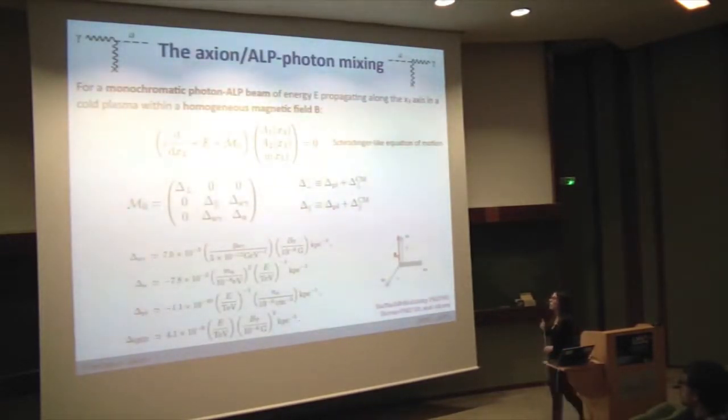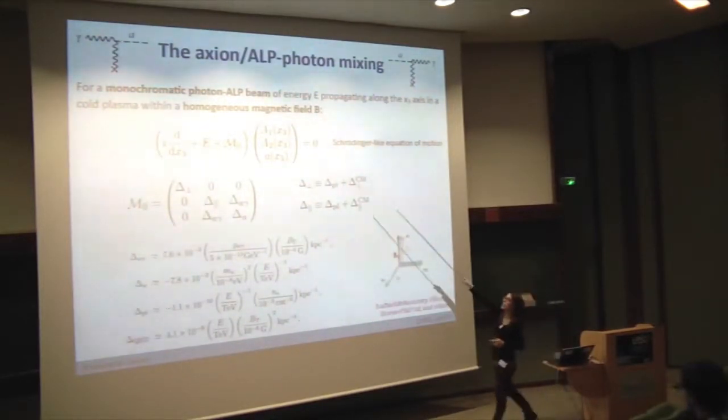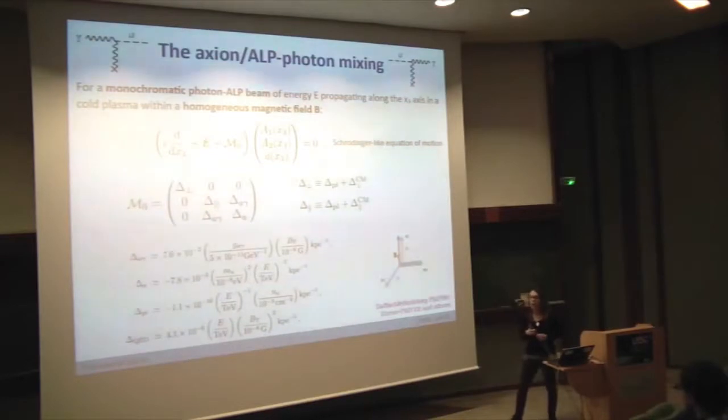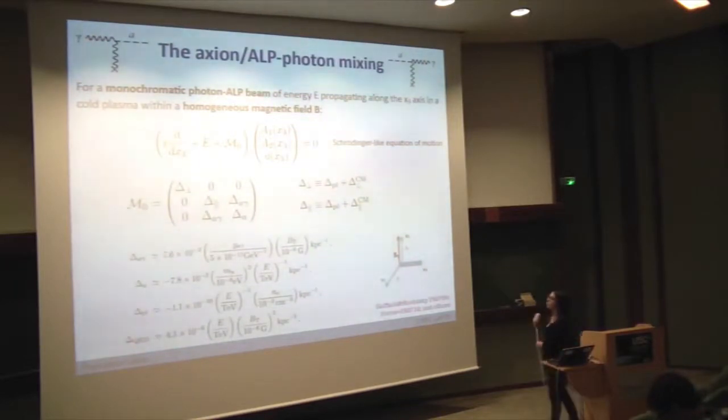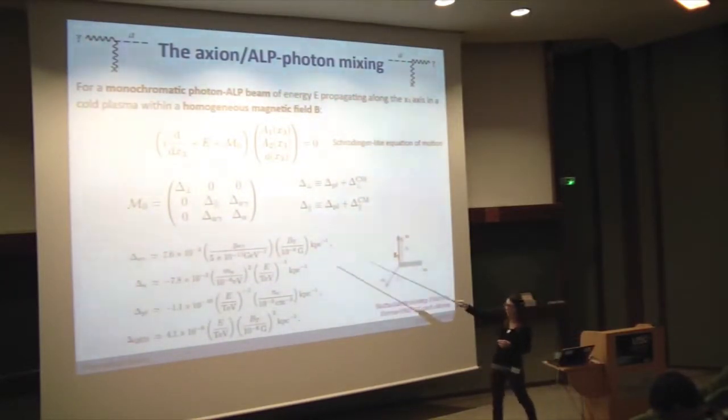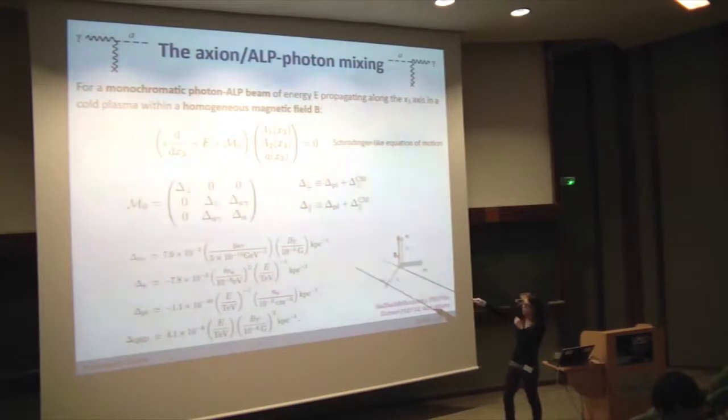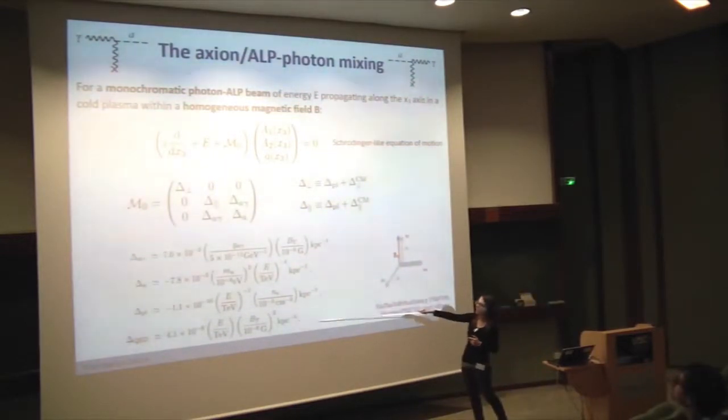Just to recap, if you have a monochromatic photon-ALP beam, then you have an interconnection between the photon states and the ALP states, and the equation of motion can be described with the density matrix formalism, and you have an effective mixing matrix where the different terms are explicit here.